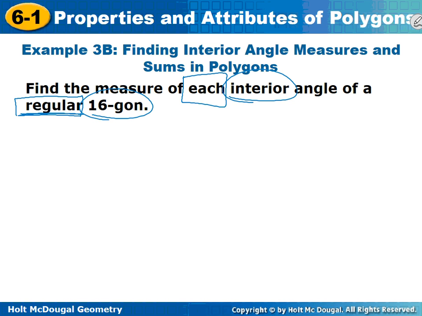So if I want to find the measure of each interior angle of a regular polygon, any regular polygon, I'm going to take the sum, n minus 2 times 180, and I'm going to divide it by what?